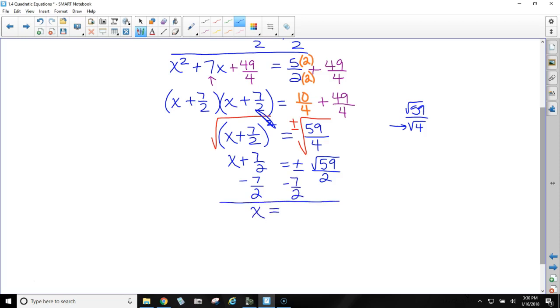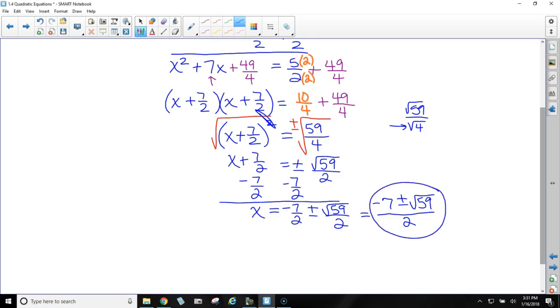We will then have x is equal to -7/2 plus and minus square root of 59 over 2. Now we're going to combine that together and write it all over the denominator of 2. And so that's going to look like -7 plus or minus the square root of 59 all over 2. And you can write that in solution set form if you want to.